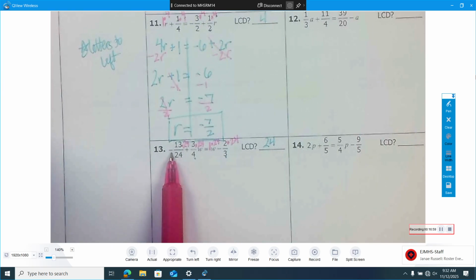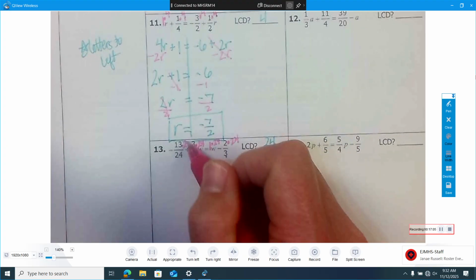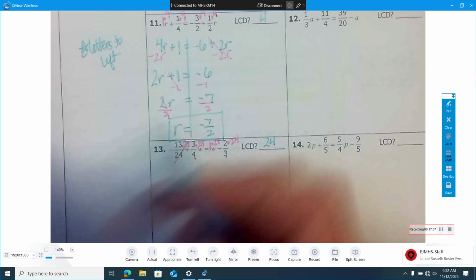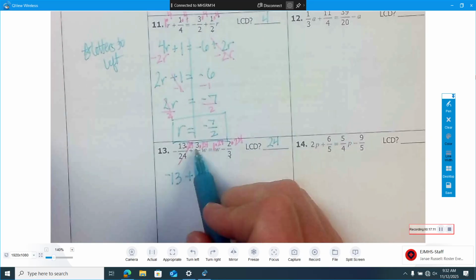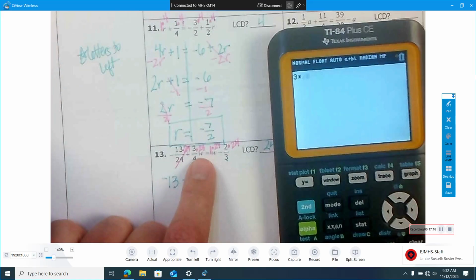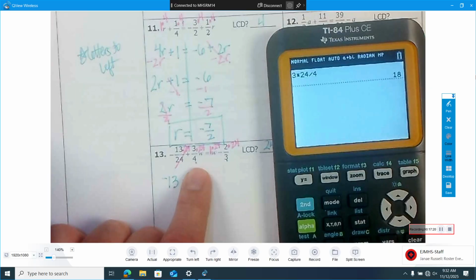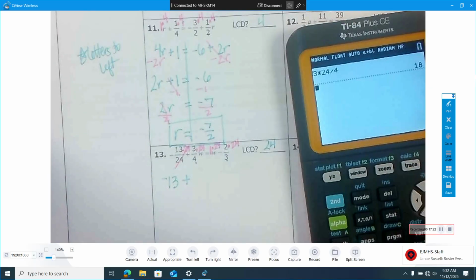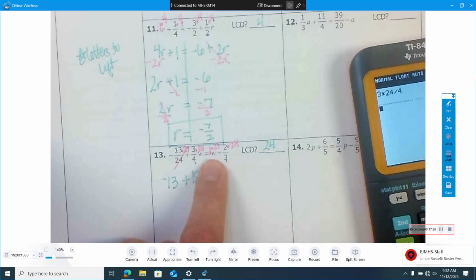What happens here with negative 13 times 24 divided by 24? The 24s just cancel out, yeah. And I'm left with negative 13. The next one's pretty big. I'm going to use my calculator. I have 3 times 24 divided by 4, which is going to give me 18 with a W. Here I have 1 times 24.